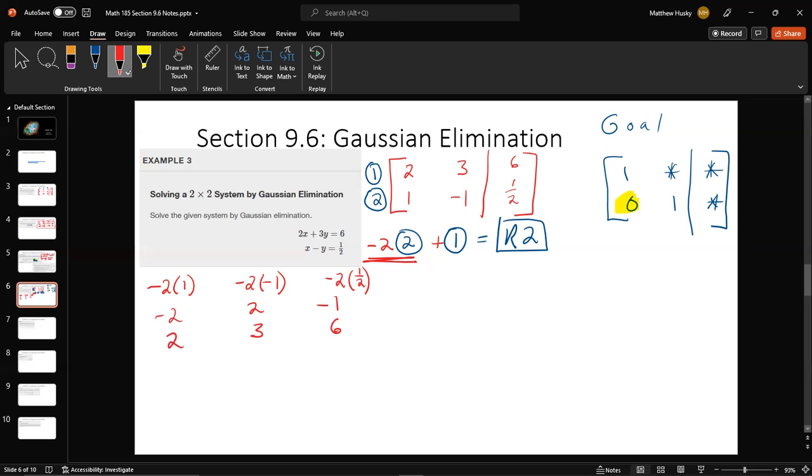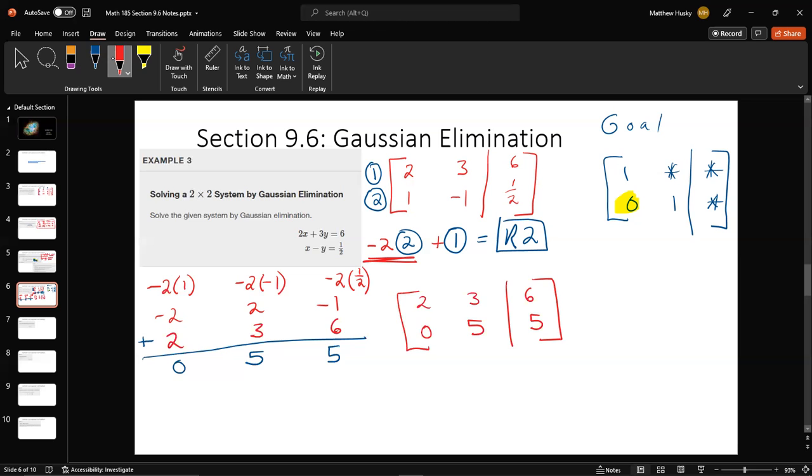That's row 1. And what we're going to do is add these up and see what we get. That'll be a 0. That'll be a 5. That'll also be 5. So now the matrix looks like this. I didn't change the first row. I still have 2, 3, 6 up here. The new one is going to be 0, 5, 5.